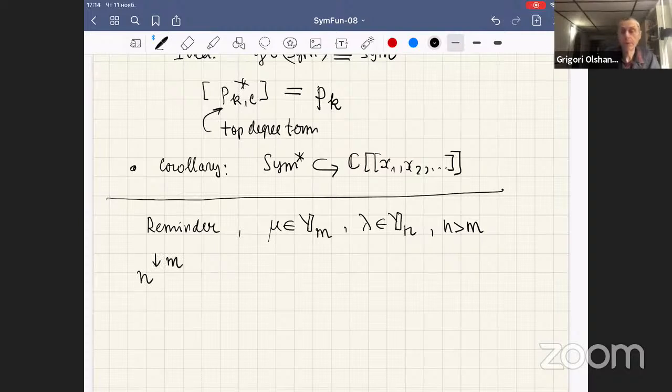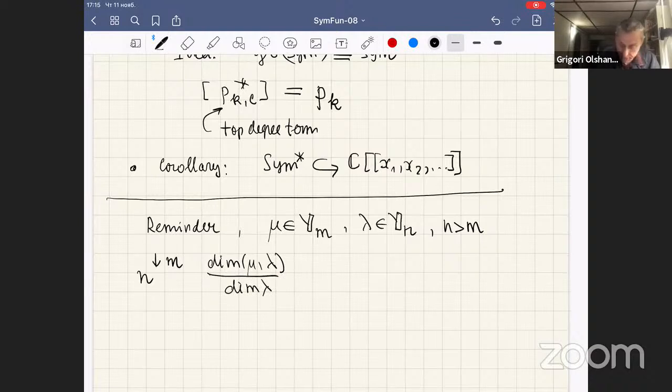This is my notation for the falling factorial power. And this is the number of paths in the Young graph from mu to lambda, divided by the dimension of lambda.